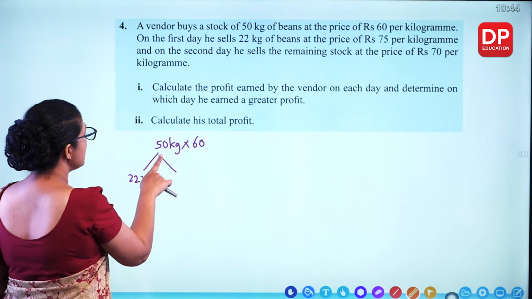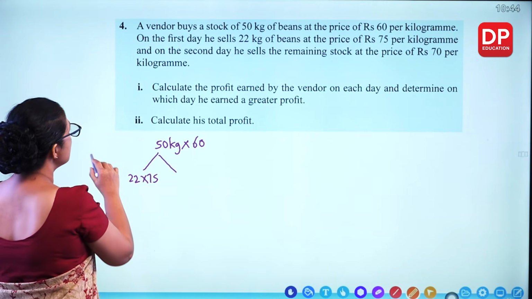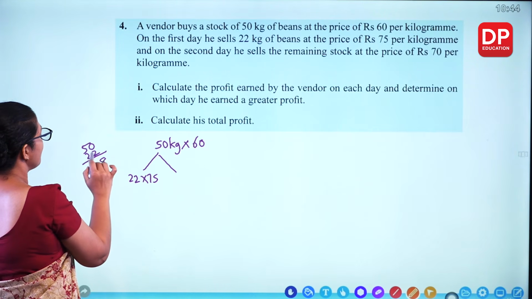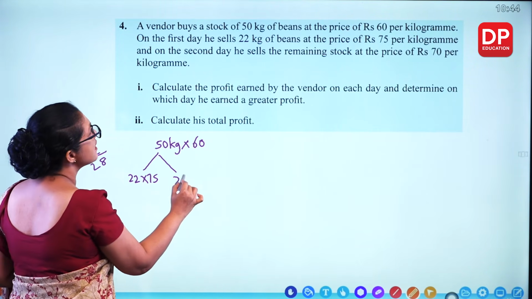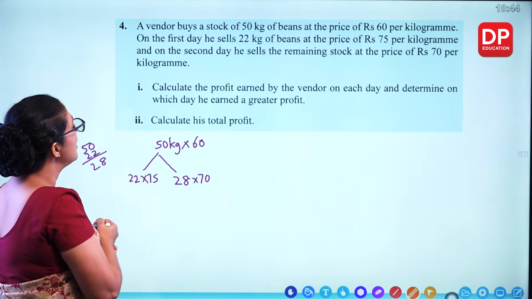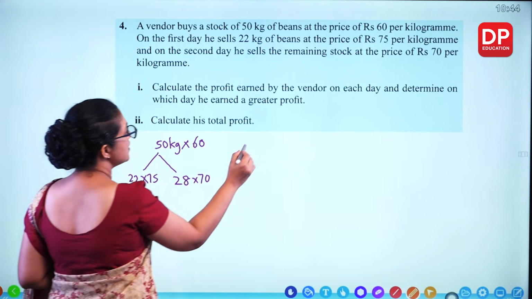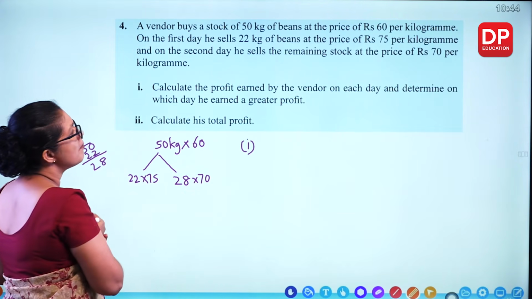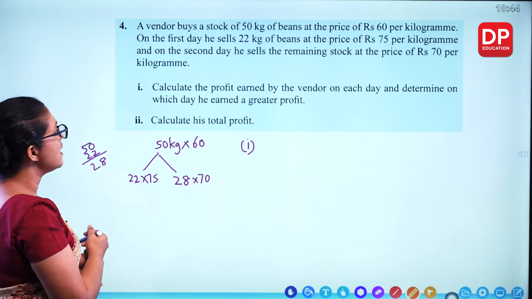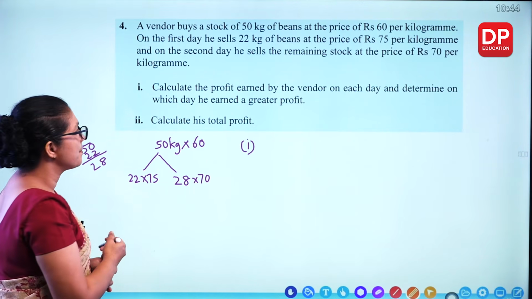So what's remaining? 50 minus 22. 28 kilos for 70 rupees. Calculate the profit earned by the vendor on each day and determine on which day he earned a greater profit.